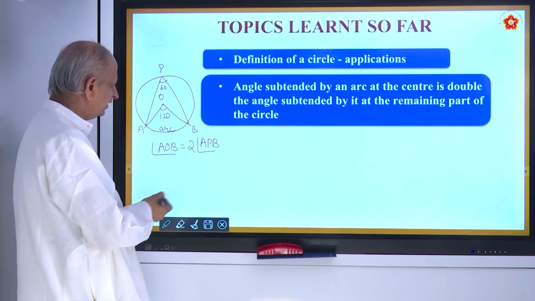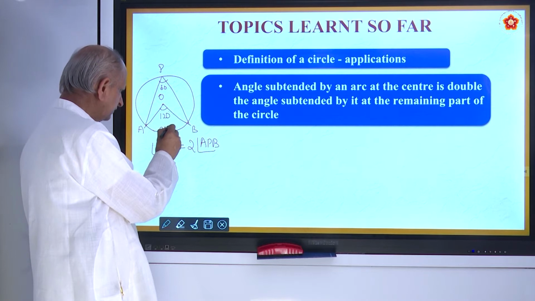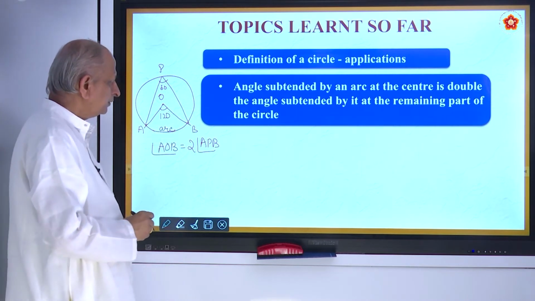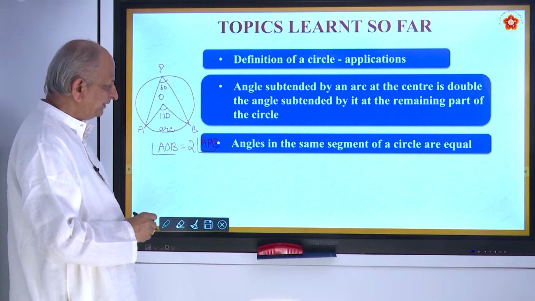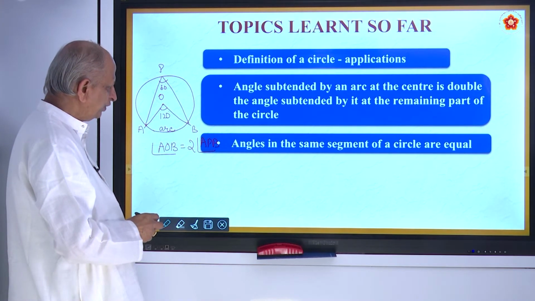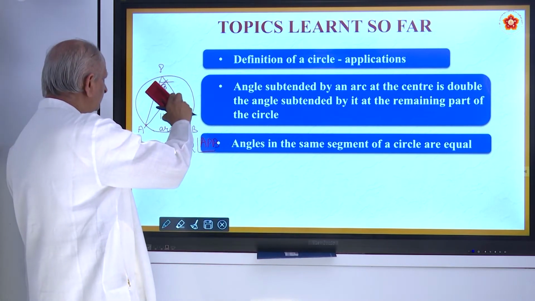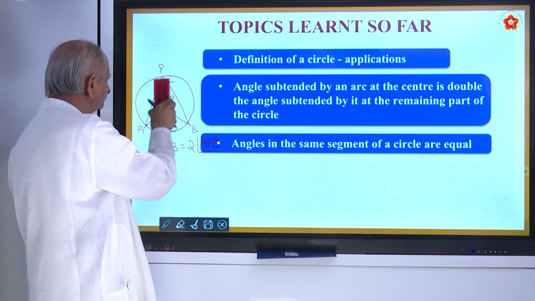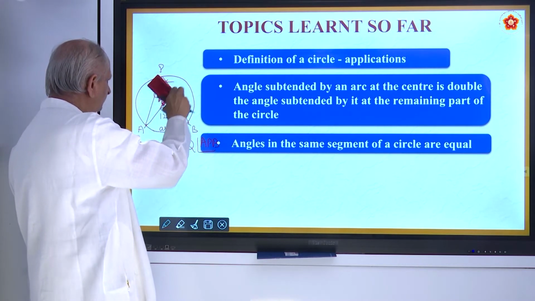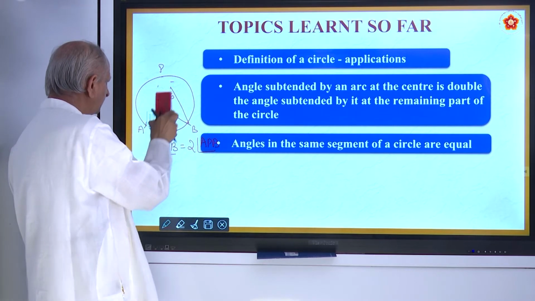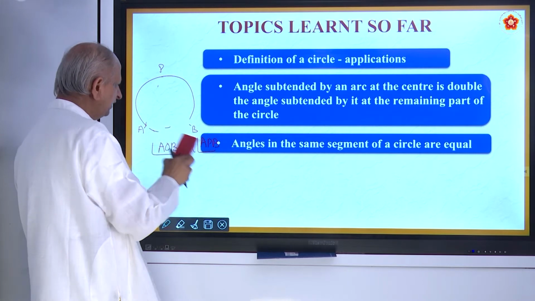Okay. So that is our theorem you have studied in the previous class. Also, we have seen angles in the same segment of a circle are equal. Last time we have seen a theorem that angles in the same segment are equal.